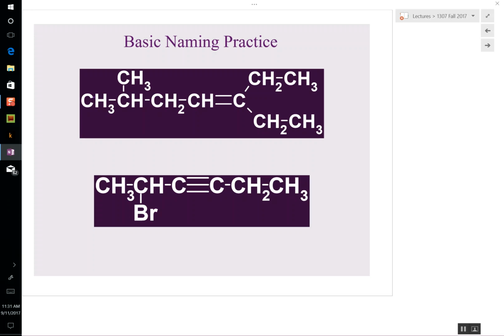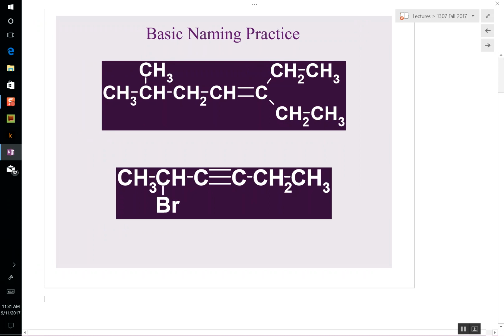Either this or this is carbon number 1, and the other one is a substituent. So let's just call this carbon number 1, 2, 3, 4, 5, 6, 7.